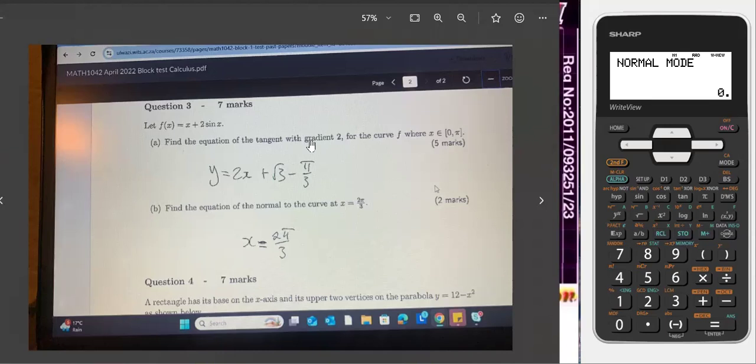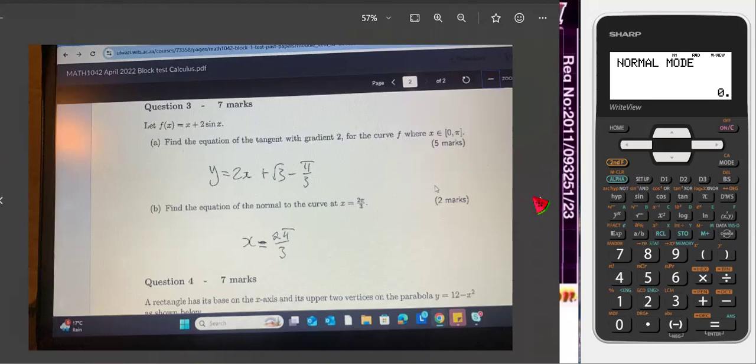Okay. Because they didn't give me what is x, what is y. So the derivative of that, x plus 2 sine x, must be equated to 2 in order to get the x value. Yes. Once I get the x value, I must come back and substitute into the equation to get the y to have a point. Then y equals mx plus c or y minus y1, blah, blah. I can substitute for x and y. Is that right? Yeah. All right.